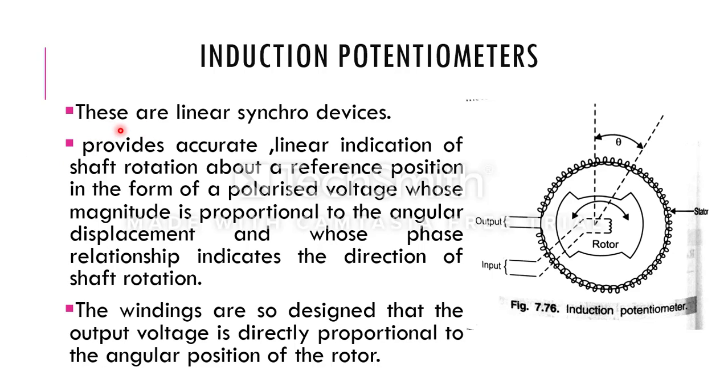These are linear synchro devices, and they provide an accurate linear indication of shaft rotation about a reference position in the form of a polarized voltage whose magnitude is proportional to the angular displacement, and whose phase relationship indicates the direction of the shaft rotation. So depending on the shaft rotation, the phase relationship is determined for the stator, and the output voltage is directly proportional to the angular position of the rotor. That is about induction potentiometers.